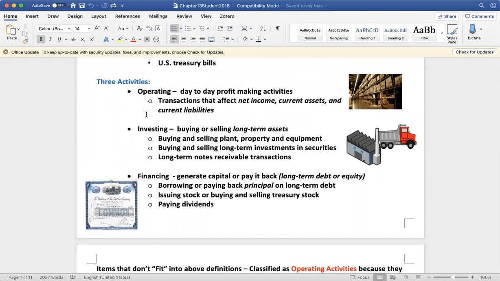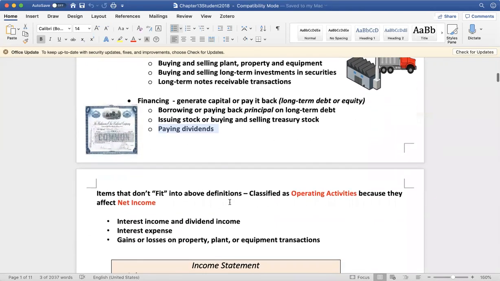And something I want to highlight is about dividends and interest. If we pay dividends, that belongs to financing activity. However, if you have interest or dividend income, the revenue is going to be classified as operating activities.